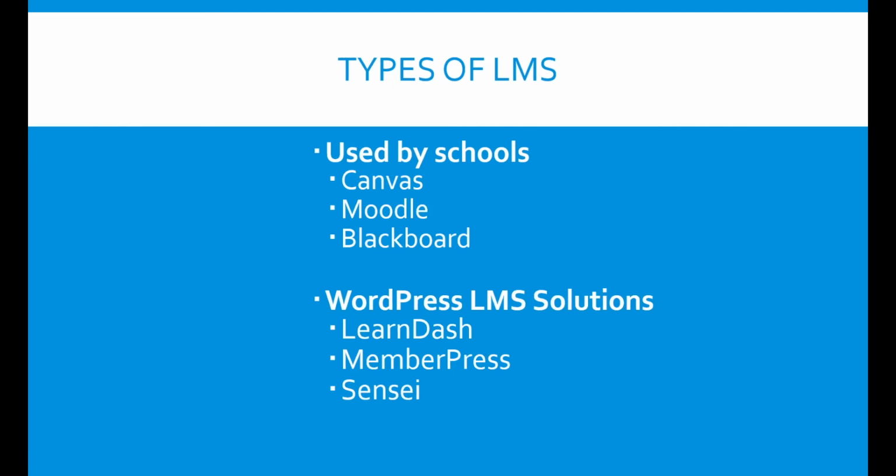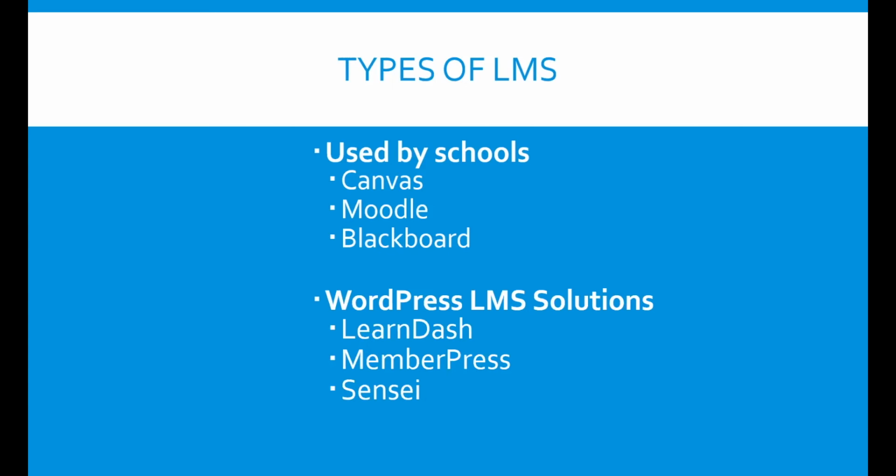Now, WordPress has several options for LMS solutions. The one we're going to look at today is LearnDash. Another tool that I work with on some of my client sites is MemberPress, which basically functions as a membership plugin, but they have the option to build courses there too.